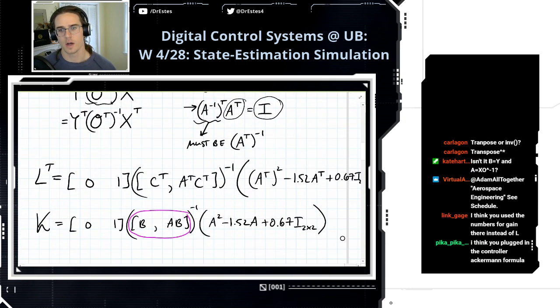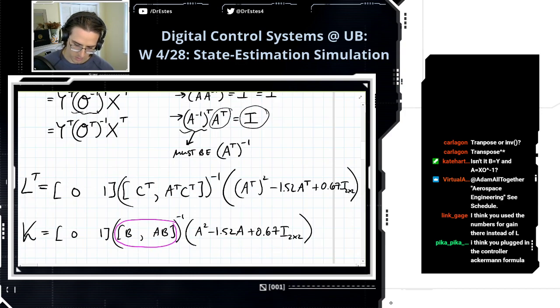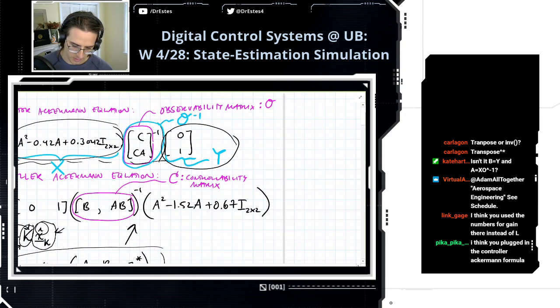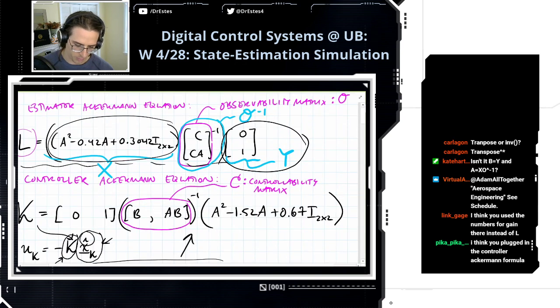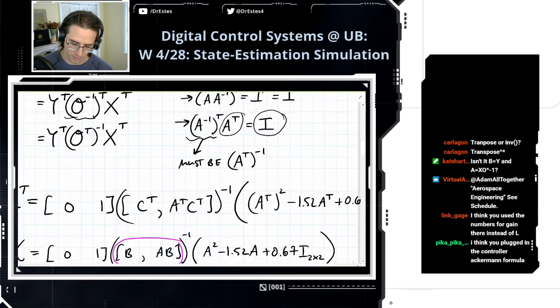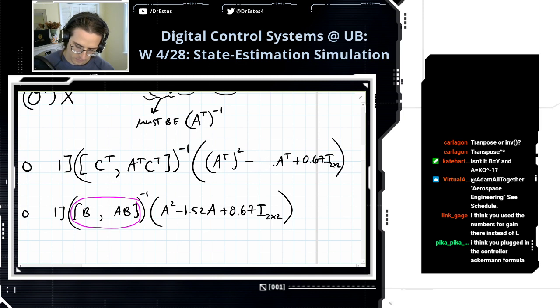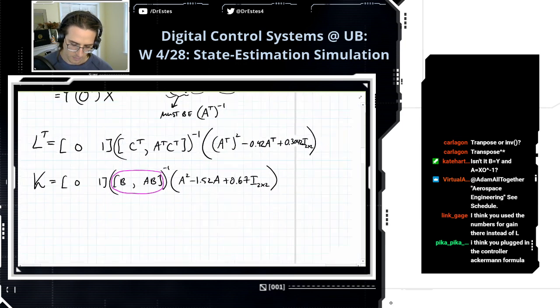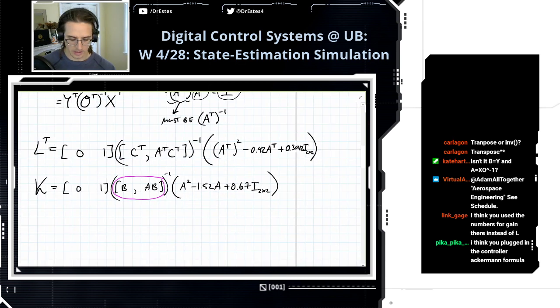I think you use the numbers for gain there instead of L. Oh, okay, good. You're right. So 1.52, what do I need to use? Minus 0.42 and 0.3042. Minus 0.42 and 0.3042. Okay, but now this would let us use the Ackermann formula.